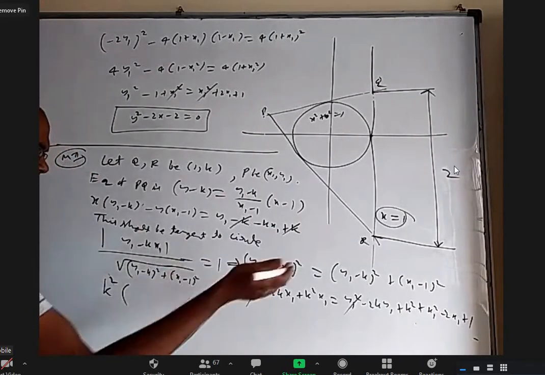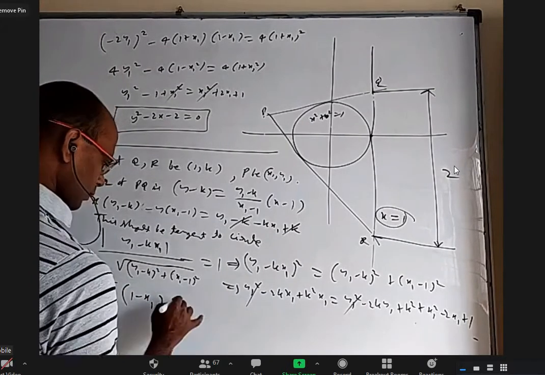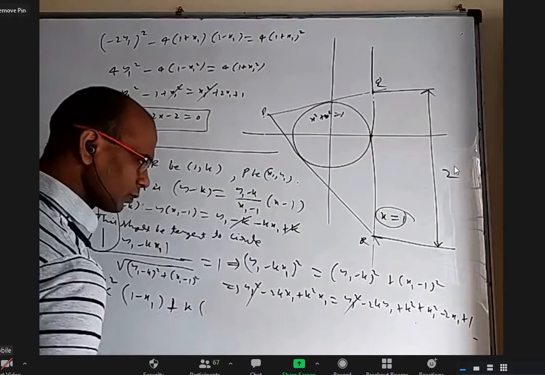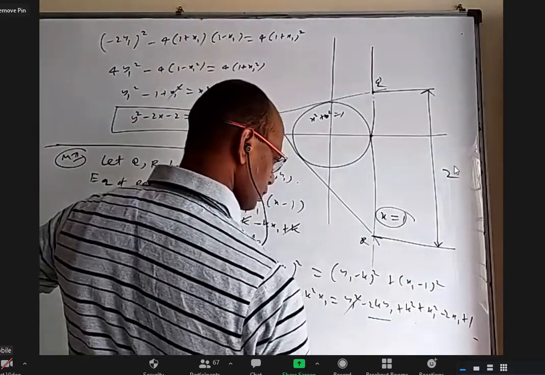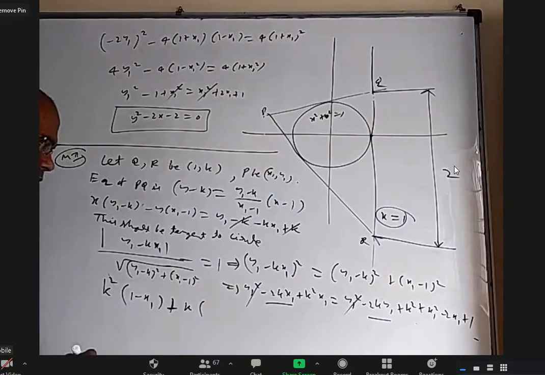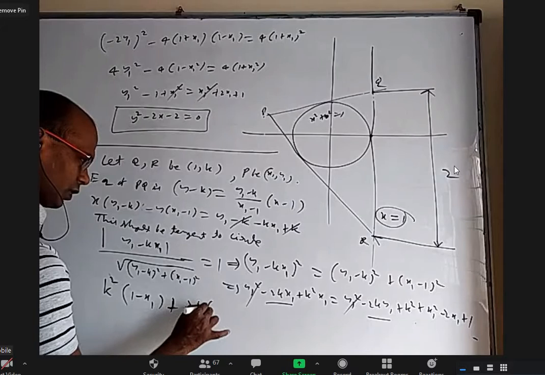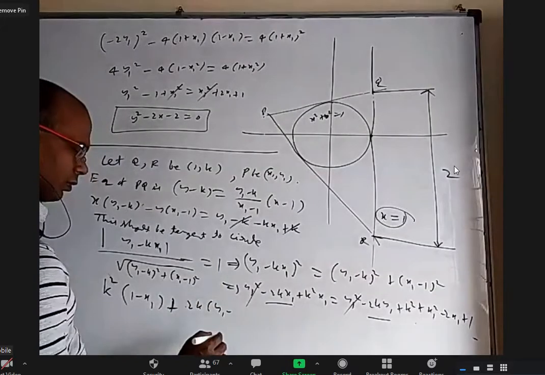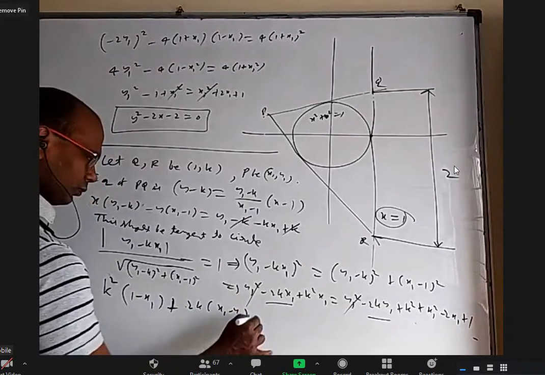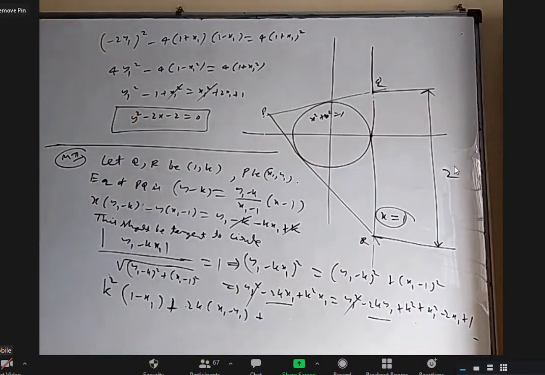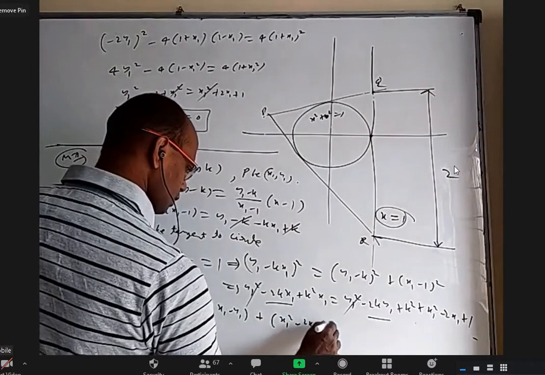K square, if I send that side, I'll get 1 minus x1 square plus k into 2 into y1 minus x1 y1, and without k, the constant is x1 square minus 2x1 plus 1.